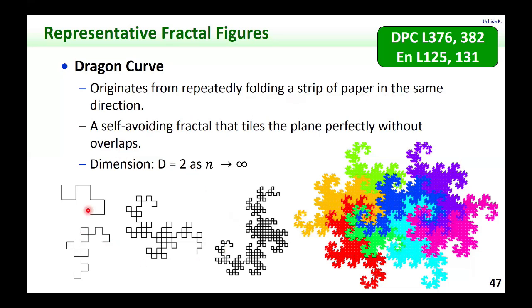You see, there are many intersections, but actually, no, there is no intersection. A self-avoiding fractal. So these are only getting closer. And there is no actually intersection that only goes like this.